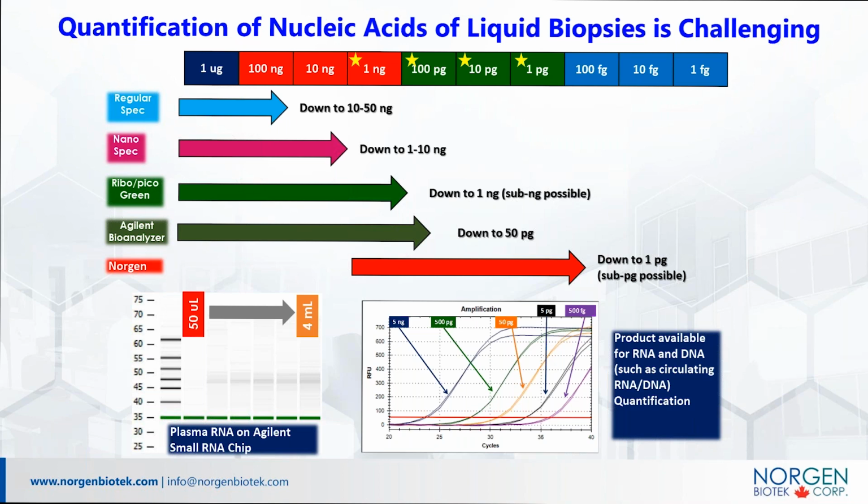If you try to use a NanoSpec or regular spec, all you're going to get is background. From our experience, if we are isolating from 10 samples, all samples will show the same number, 40 nanogram, 50 nanogram, and we will say, okay, we have very good DNA.